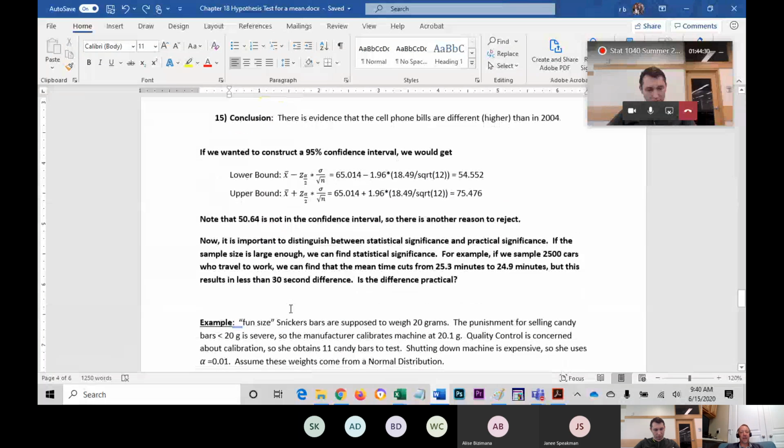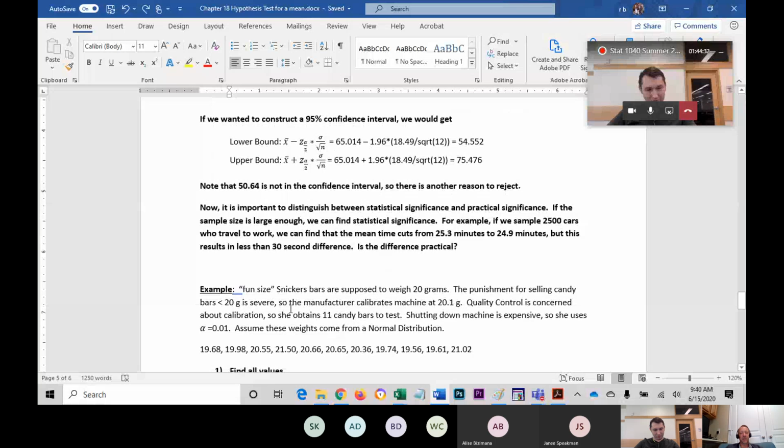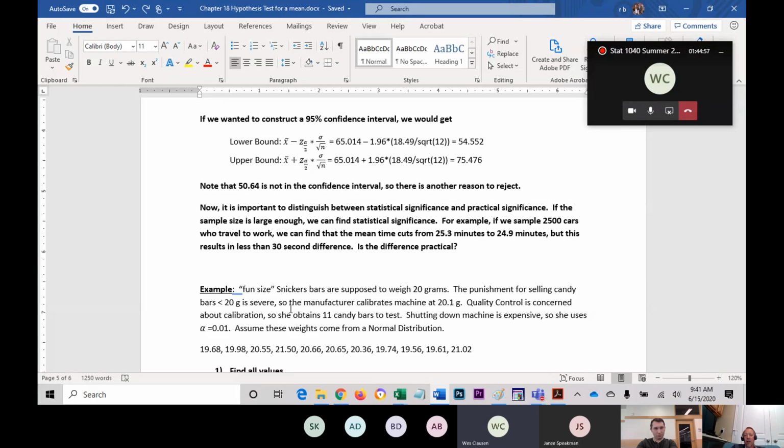All right, fun-sized Snickers bars are supposed to weigh 20 grams. The punishment for selling candy bars less than 20 grams is severe, so the manufacturer calibrates it at 20.1. Quality control is concerned about calibration, so she weighs 11 candy bars to test. Is that big enough? No. But it does say, assume the weights come from a normal distribution.